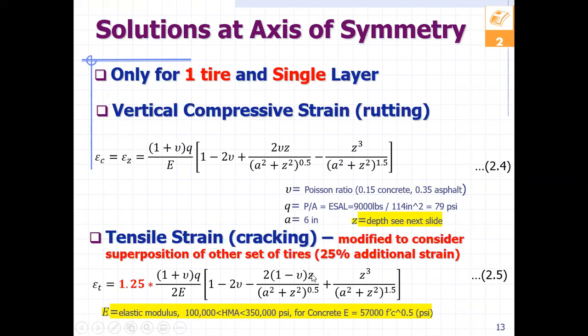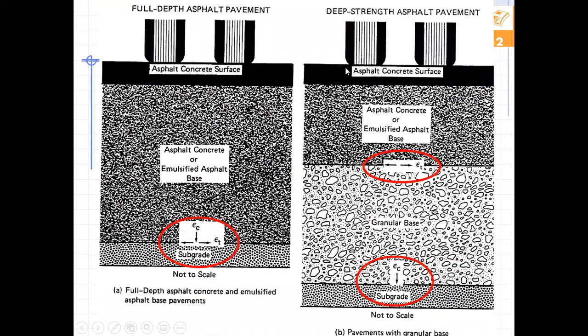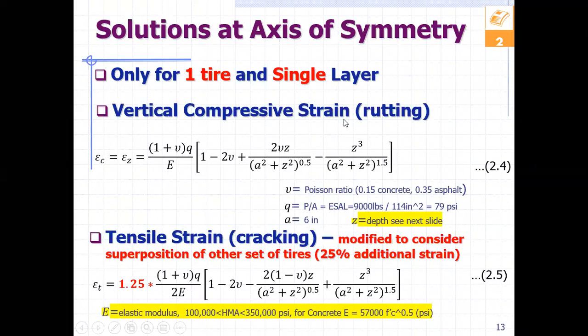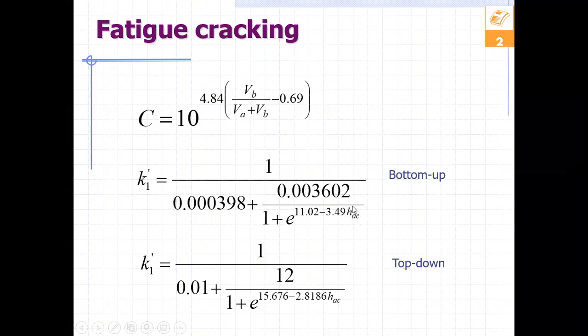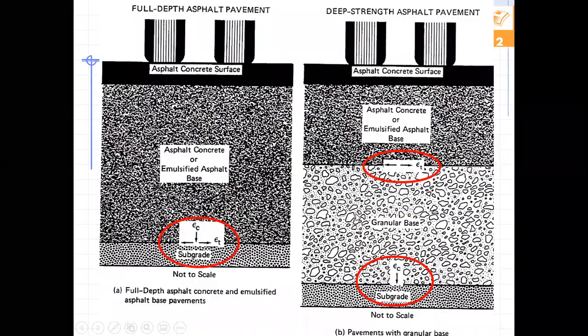I have Z here again. That C will be the thickness from the surface all the way down to the interface between the asphalt concrete and the granular layer. So it will really be the thickness of H1, the thickness of your asphalt layer. It's exactly the same as HAC, the thickness of the asphalt cement.